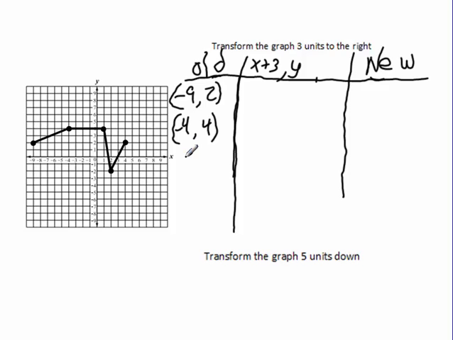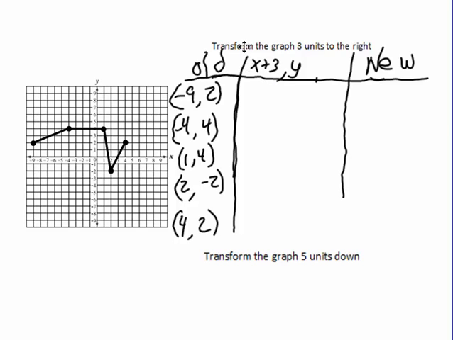Then we have 1, 4. Then we have 2, comma -2. And 4, comma 2. Okay, so now we know our x values and our y values.